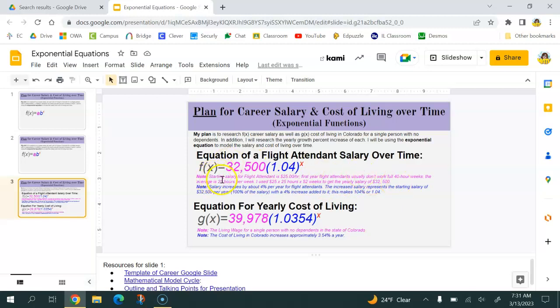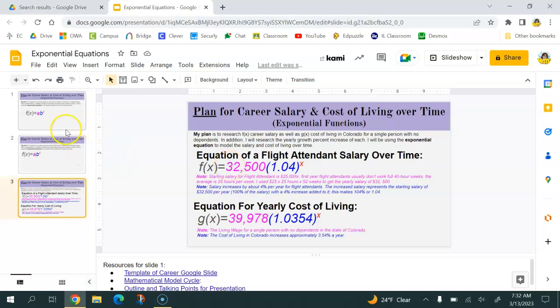That's a little note that I put in there, since mine is not a typical yearly salary. If yours is based on 50 weeks, maybe the starting salary removed a 2-week vacation time, make sure that you're looking for that as well. So there's my starting salary.